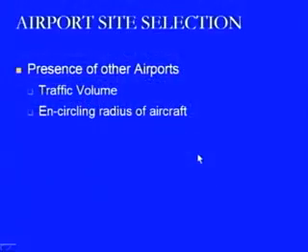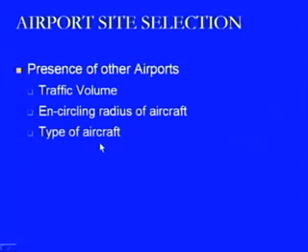Then if there is any other airport available in the area, we have to look at factors like traffic volume, that is, how the traffic is going to be divided between those airports which are very near to each other, or whether there is an effect of the encircling radius of the aircraft, because that is another hazardous condition. If two aircraft are encircling at each airport, then they may cross each other and this may be unsafe.